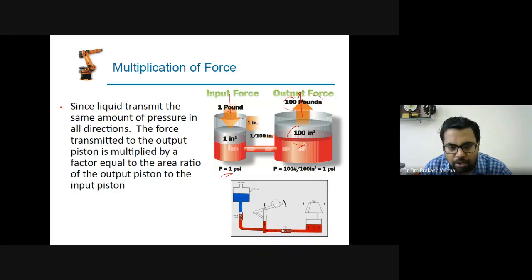So your force is getting multiplied 100 times, and you are transmitting it. So it means since the liquid transmits the same amount of pressure in all directions, the force transmitted to the output piston is multiplied by the factor equal to the area ratio. So the area increases, the force will increase, right?